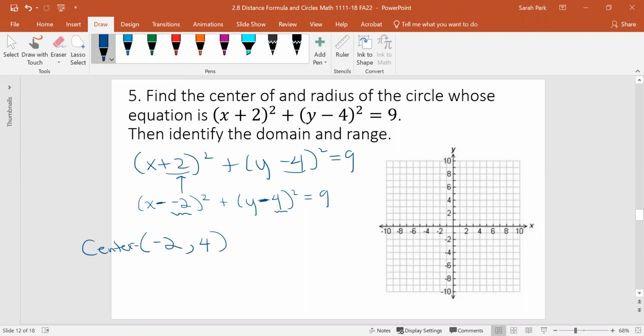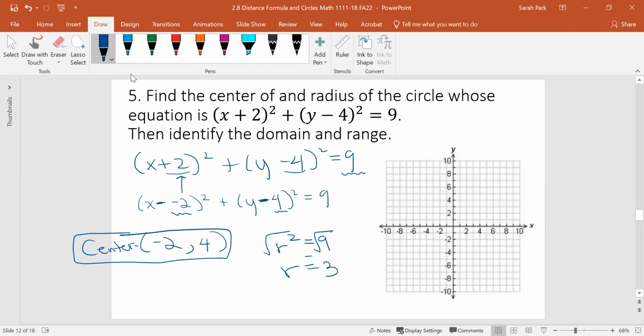So there's the center. Radius we can get from this value. Remember that value is r² equals 9. Now, if we want to solve for r, we can take the square root of both sides and we get r is equal to 3. So there's our center, (−2, 4), and our radius, 3.